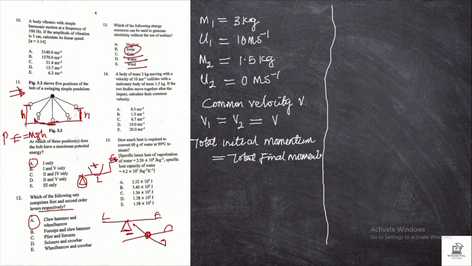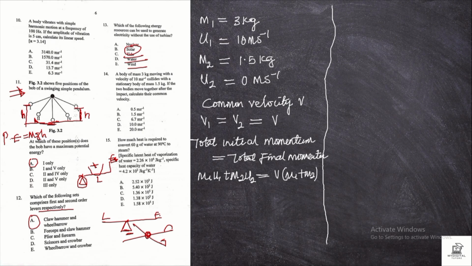So that will be m1 u1 plus m2 u2, the total initial momentum, is equal to v into bracket m1 plus m2, since they have common velocity.